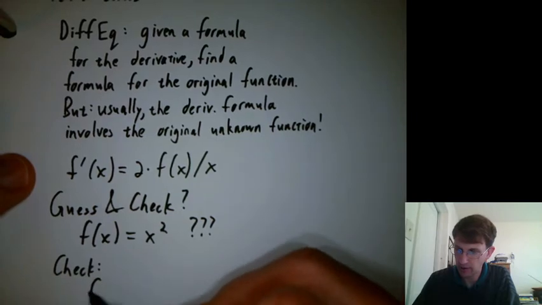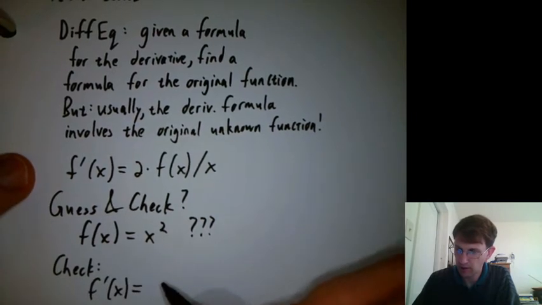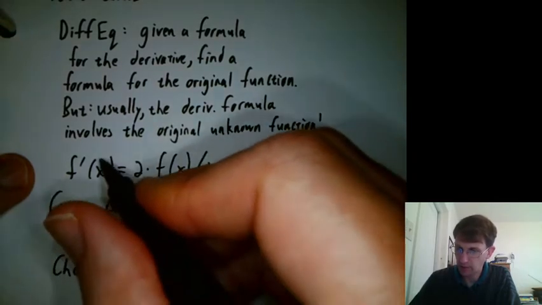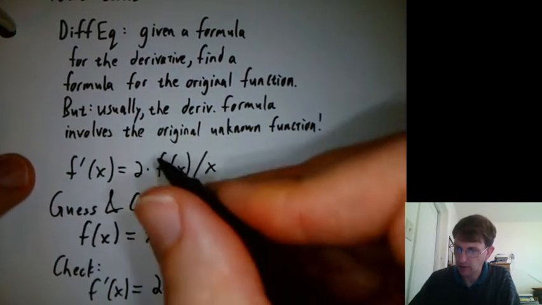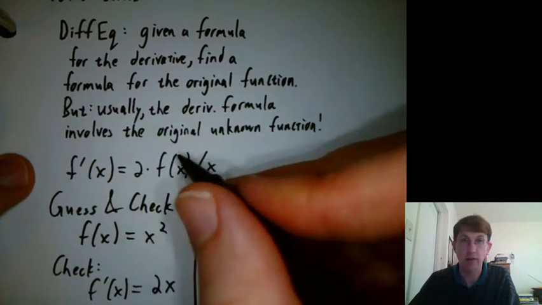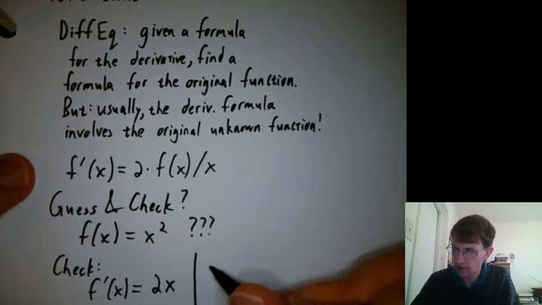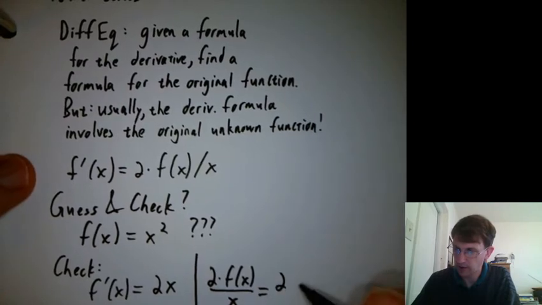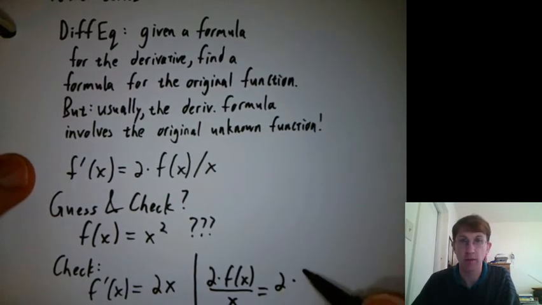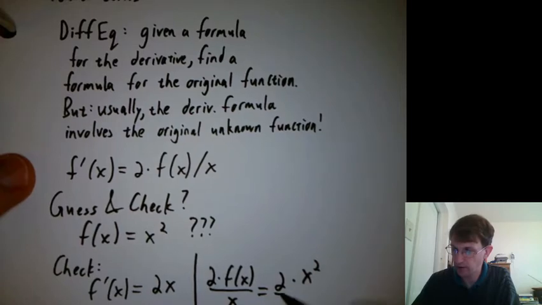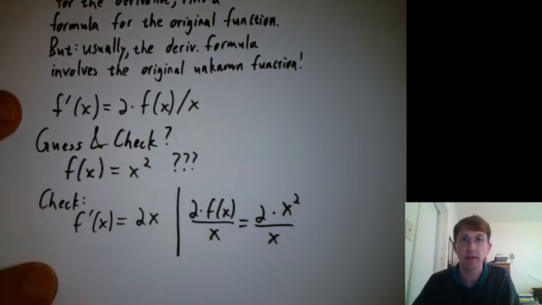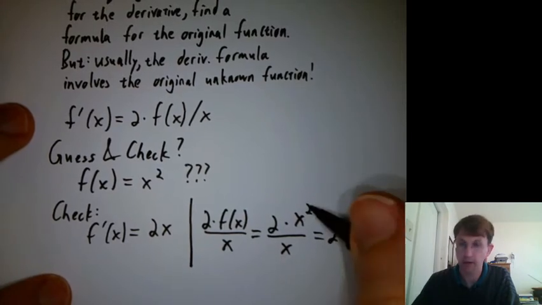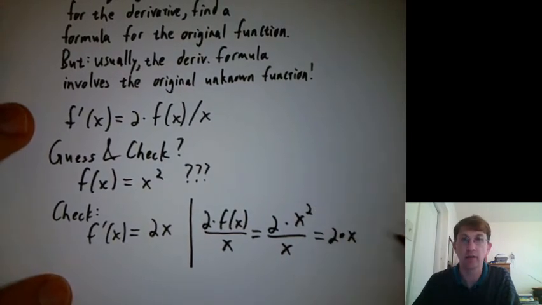Let's check it. What's f prime? That would be 2x. So that's one side of it. The other thing we need to do is check what is 2 times f of x over x. That would be 2 times, and I'm going to put in my guess here, x squared over x, which is 2 times x, because the squared gets canceled with the x.